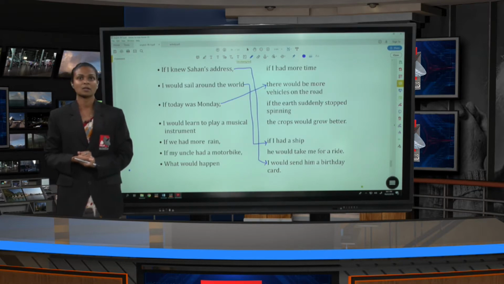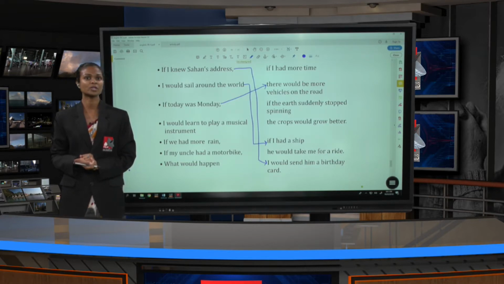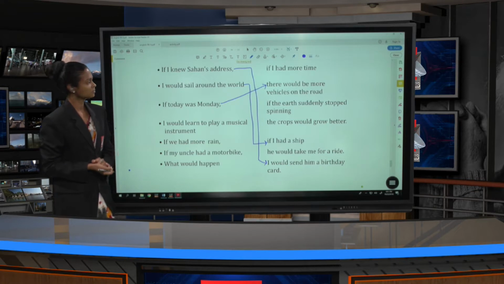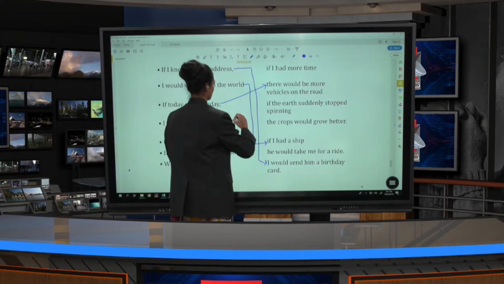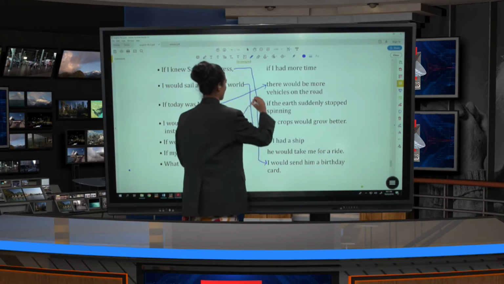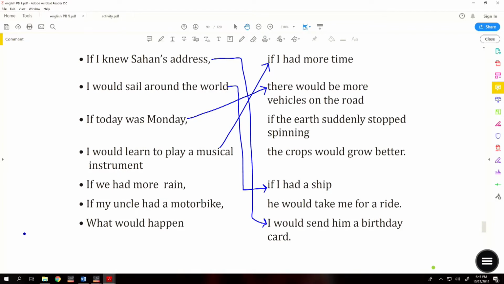Then, I would learn to play a musical instrument. What happened? What is the answer? If I had more time, I would learn to play a musical instrument.